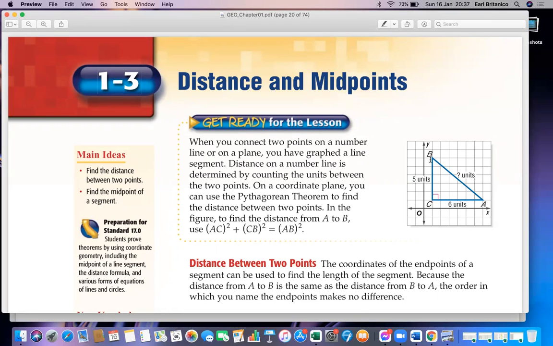Okay, if you notice, it's easy to find the length or the distance between 2 points on a line that is vertical or horizontal. Why? Because you simply count the number of units that you have from one point to the next. For example, if you count from B to C, it's going to be 1, 2, 3, 4, 5.